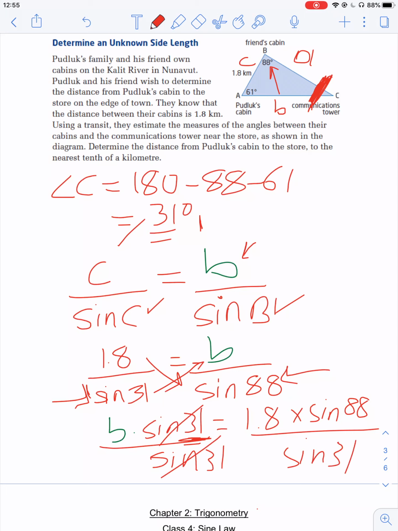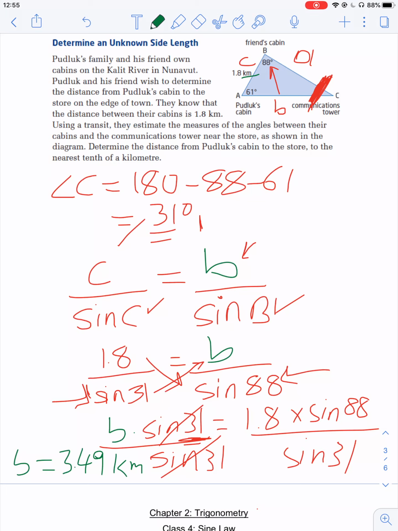So if you use a calculator, crunch in 1.8 times sine of 88, equals, and then divide that by sine of 31, okay? You're going to get something close to 3.49. And because the sides were given in kilometers, that means that distance is actually 3.49 kilometers, okay?